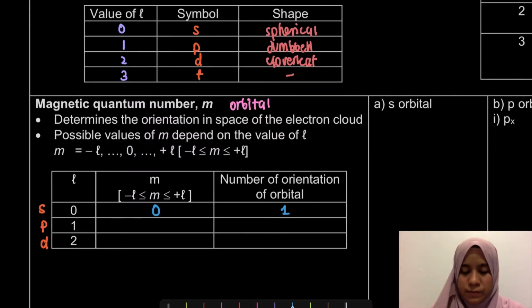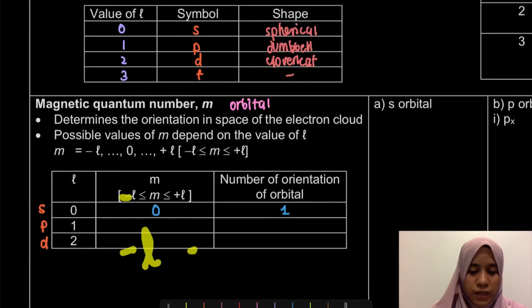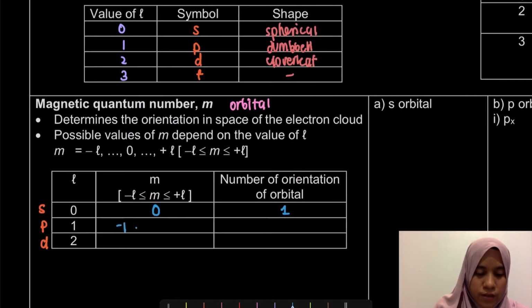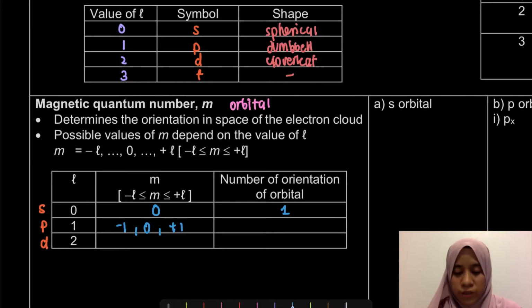Let's look at the next one. If L is equal to 1, what is M? Remember, it starts from negative L until positive L, so it becomes negative 1, 0, positive 1. The number of orientations is 1, 2, 3, so we have 3 values.